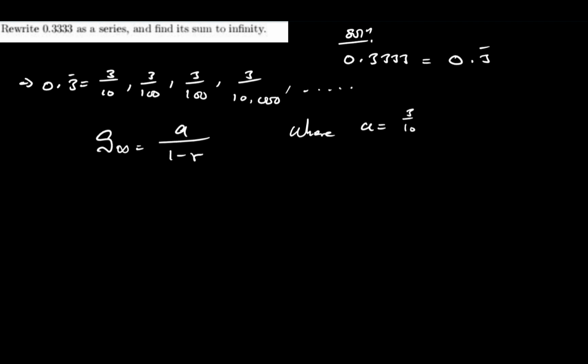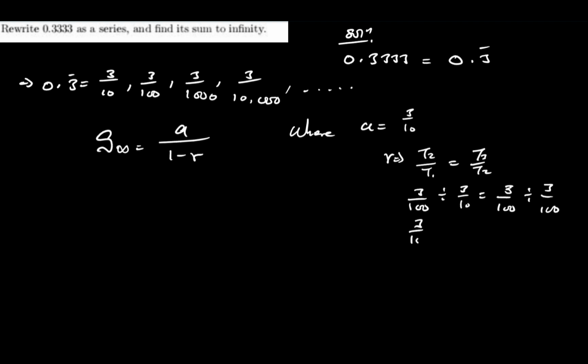Let us find r. To find r, we say term 2 divided by term 1 being equal to term 3 divided by term 2. Term 2 is 3 over 100 divided by term 1, which is 3 over 10, being equal to term 3, which is 3 over 1000, divided by 3 over 100.